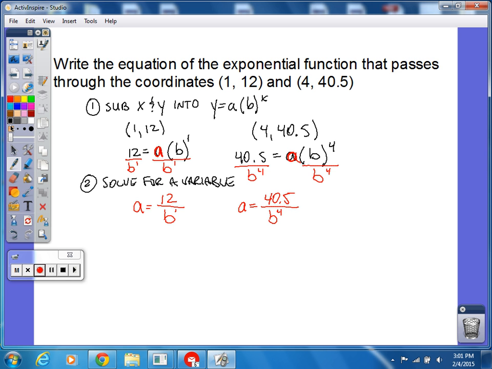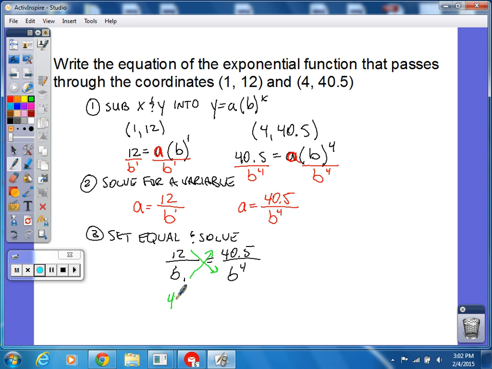Next step then would be to set equal and solve this system of equations. So if I have 12 over B to the first equaling 40.5 over B to the fourth, I'm going to use cross multiplication to solve that.